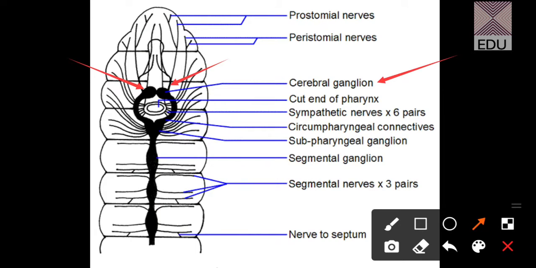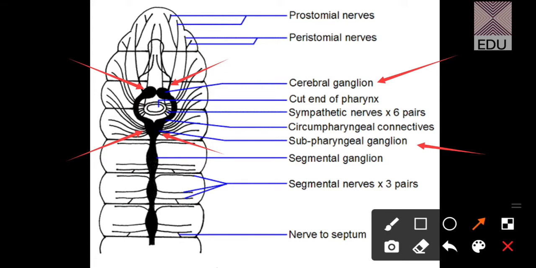These are dorsal in position, and below the cerebral ganglia we have the second type of ganglia, called the subpharyngeal ganglia. These are again two in number, first on this side, second on this side. So we have a total of 4 ganglia in earthworm: 2 cerebral ganglia and 2 subpharyngeal ganglia.